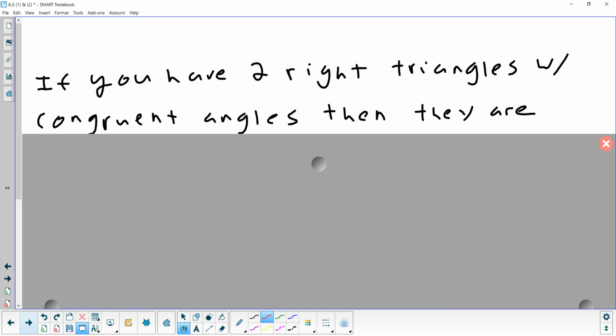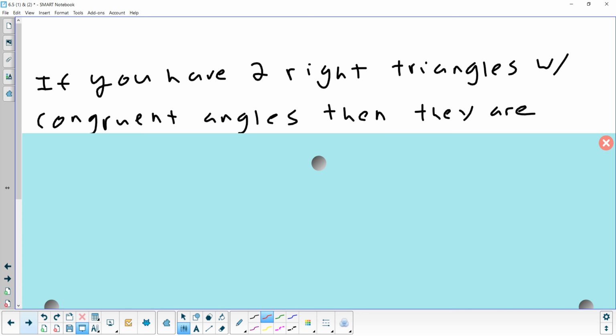So, if we have two right triangles, and the angles are all the same, does anybody remember what you can call those triangles? Two triangles, and the angles are all the same. So, let me explain a little differently.